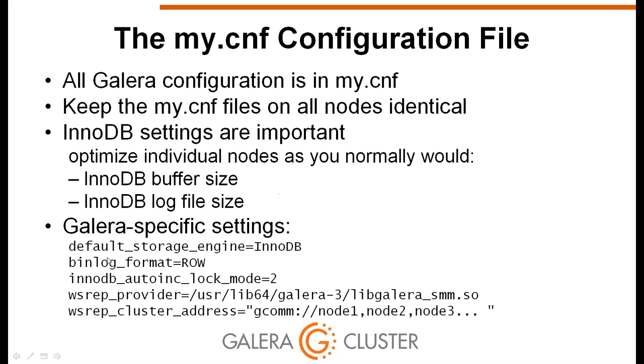Here is the my.cnf file that I used. The rest of the stuff that you saw in there came from the distribution. So it was the default my.cnf for CentOS 7, and then I added the lines that are listed here, and that was it. I didn't do any other modifications.